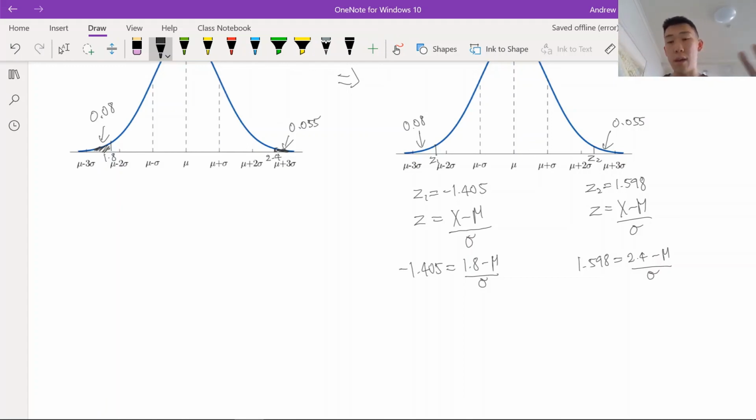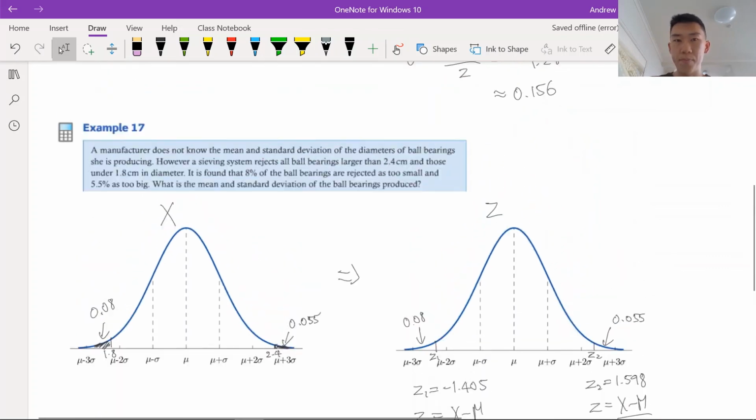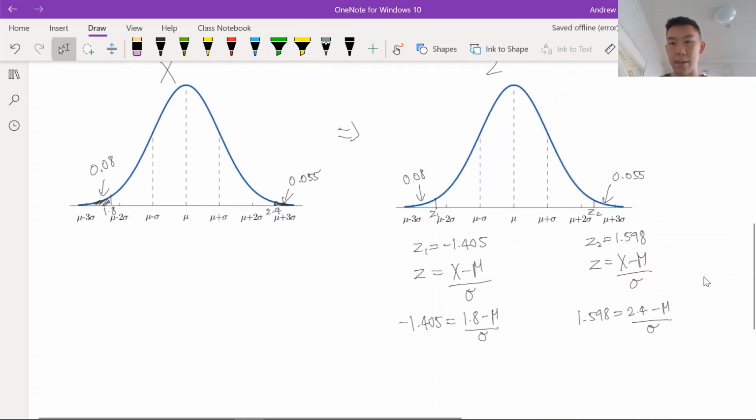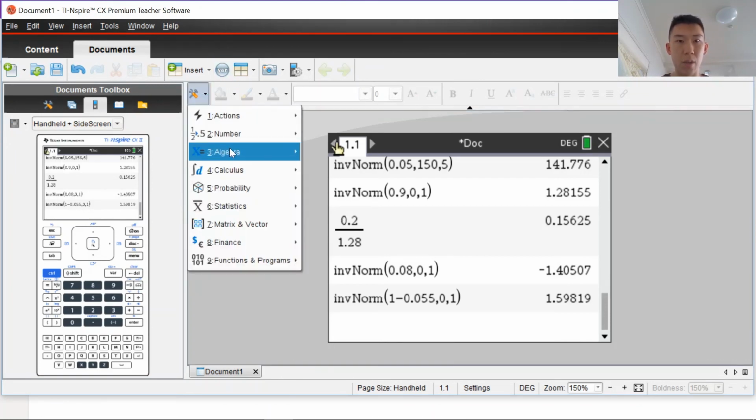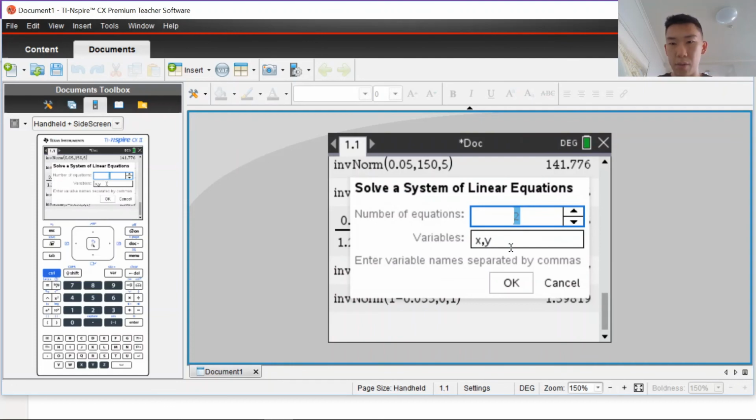All right, so now we have two equations, two unknowns, and it's calculator allowed, so let's use that to solve. Let's go into algebra, solve system of linear equations. We have two equations.